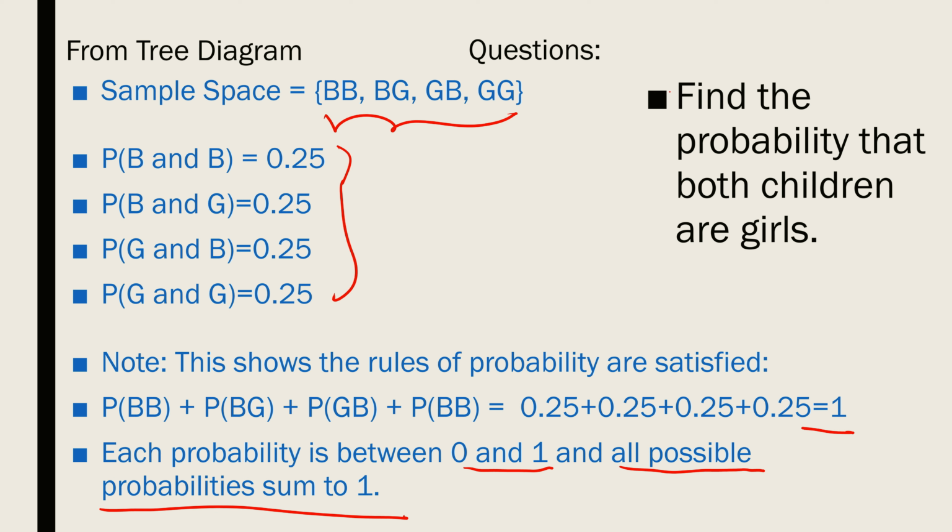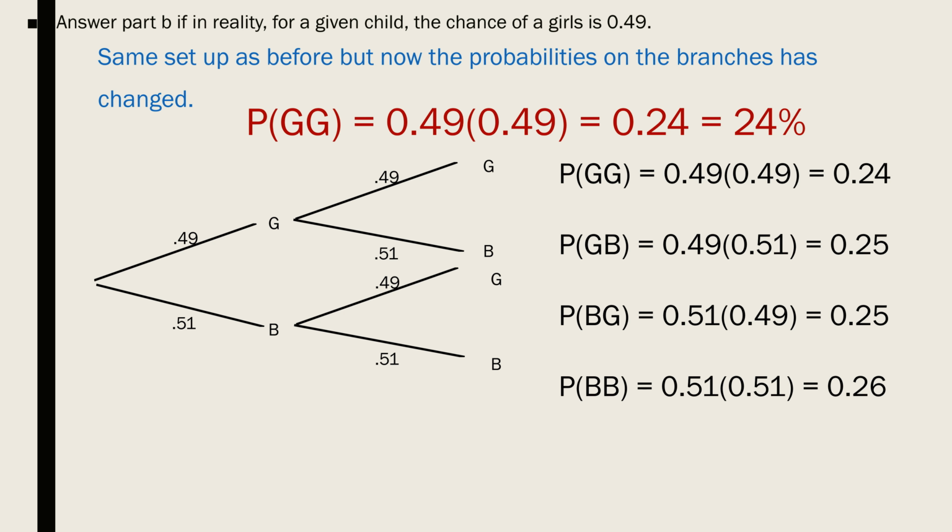Then we can answer this question: what is the probability that both children are girls, which is represented by this equation. Answer part B. If in reality, for a given child, the chance of a girl is 0.49. It is the same setup, but now the probability on the branches has changed.